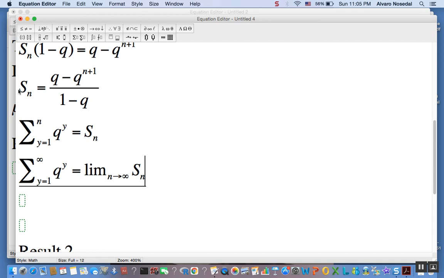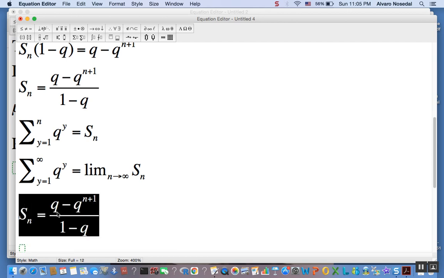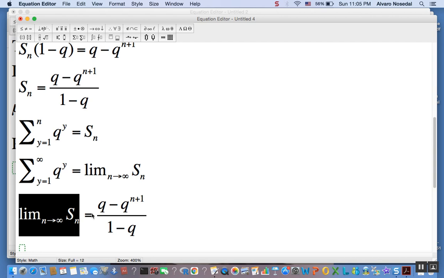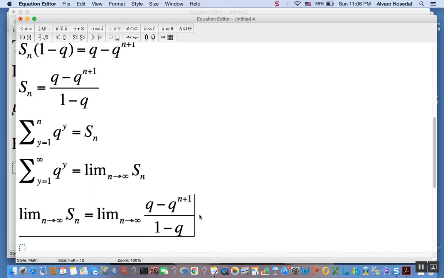So let me copy this here. The limit of Sn as n goes to infinity of this, what would it be?